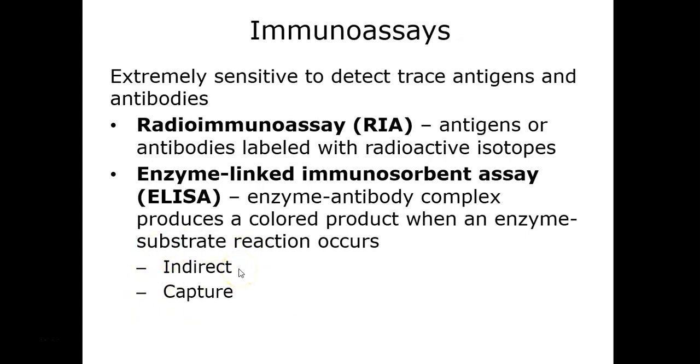We'll talk about that in a second. So the ELISA uses a colored agent. Similar to ELISA, we have what's known as radioimmunoassay. This is where instead of using a colored product, we actually use a radioactive material that would emit a glow.